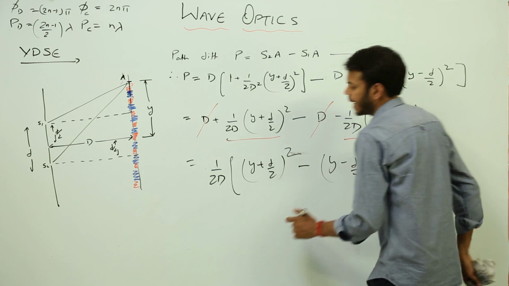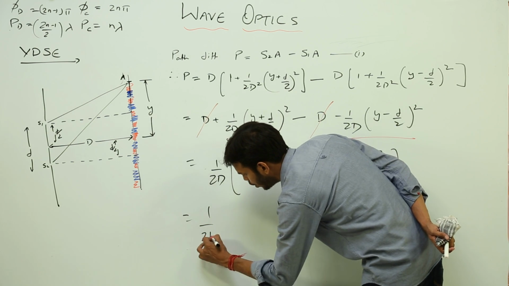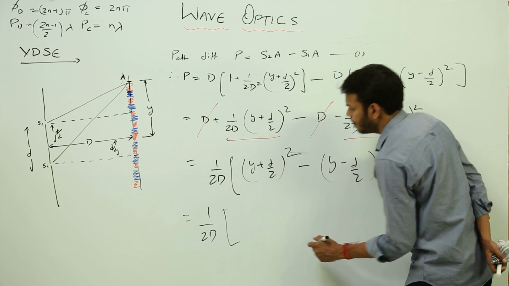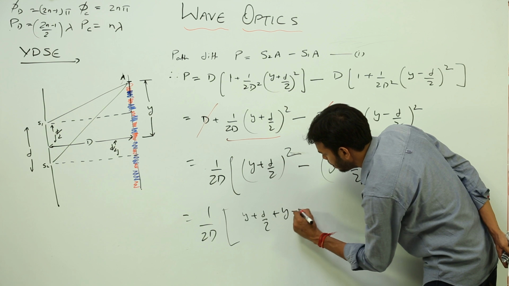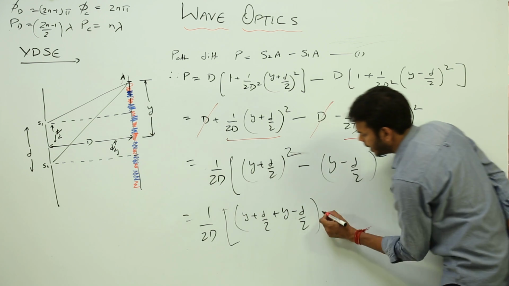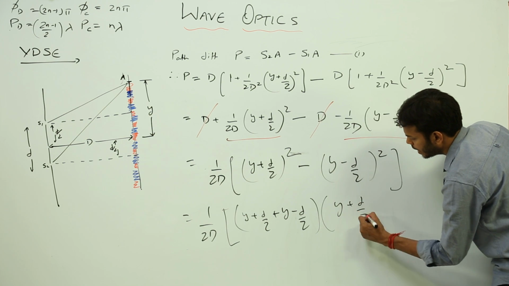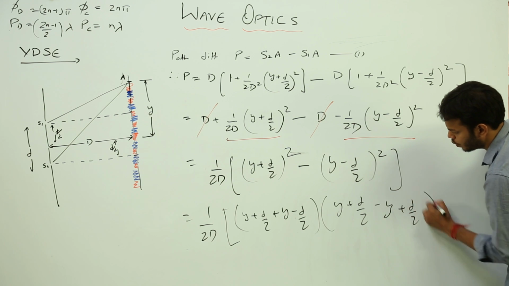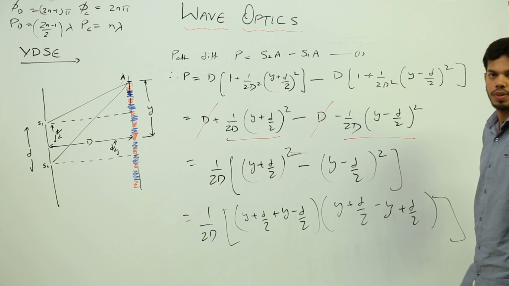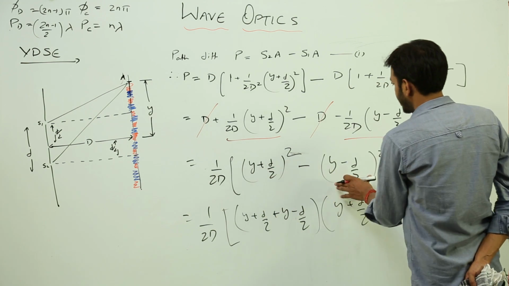For this term I can write 1 upon 2d, this will become y plus d by 2 plus y minus d by 2 whole, multiplied by y plus d by 2 minus y minus d by 2. What did I just do? This is a square, this is b square.